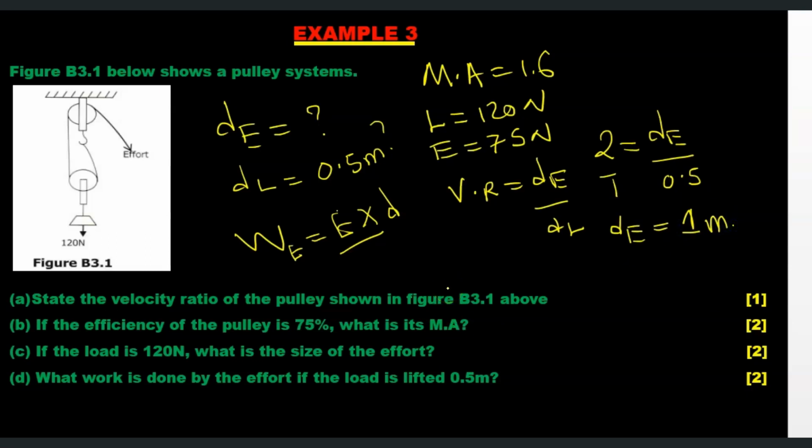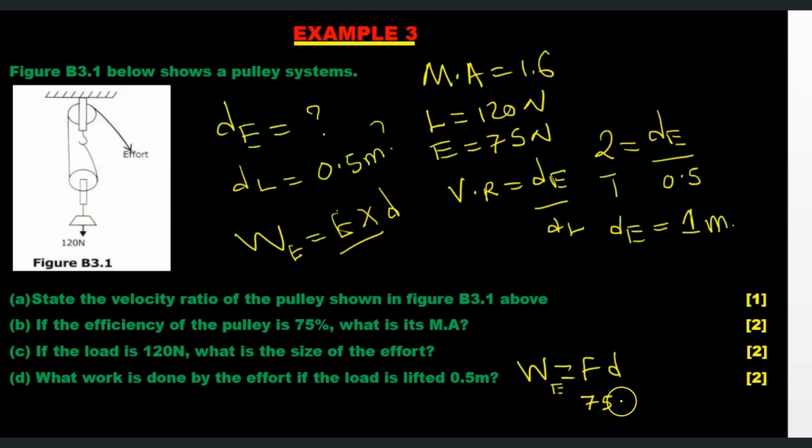And now we can calculate the work done. We can answer this question. Work done is equal to force times distance. That is the work done by effort, which is effort, the force, multiplied by distance moved by effort. What is the effort? 75.